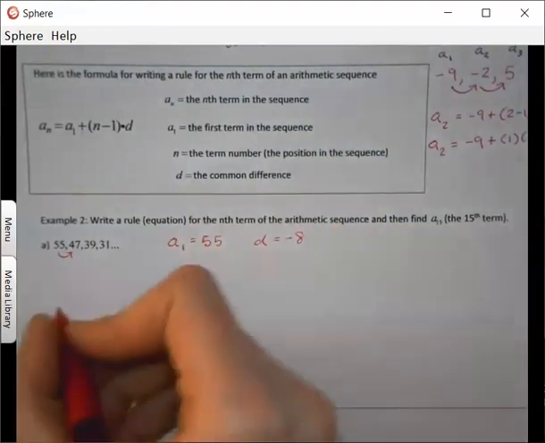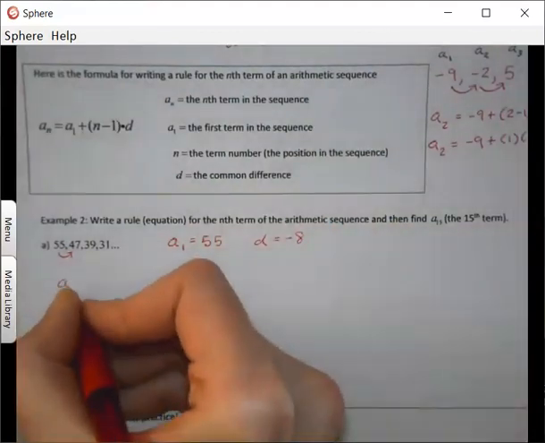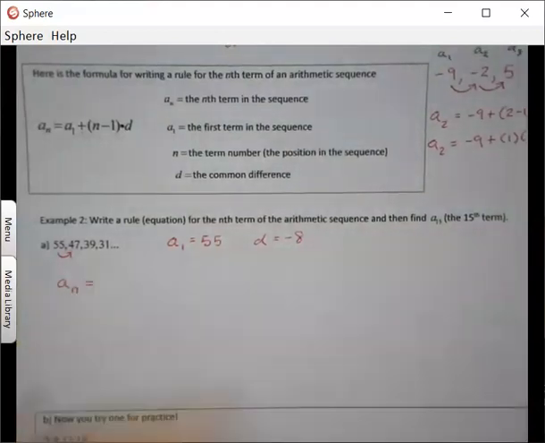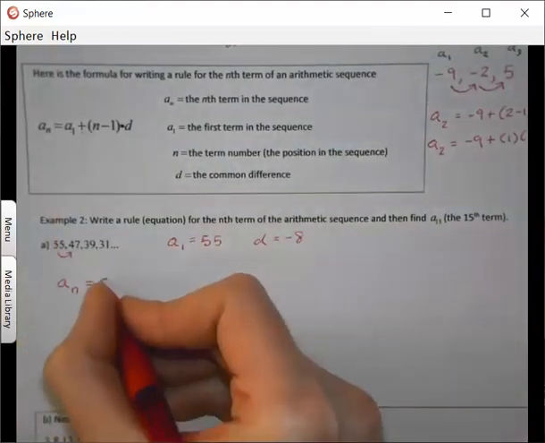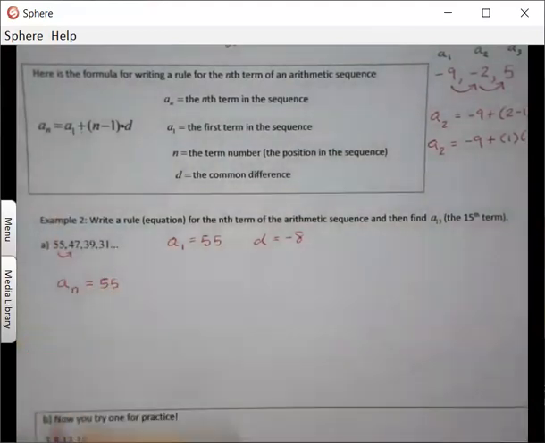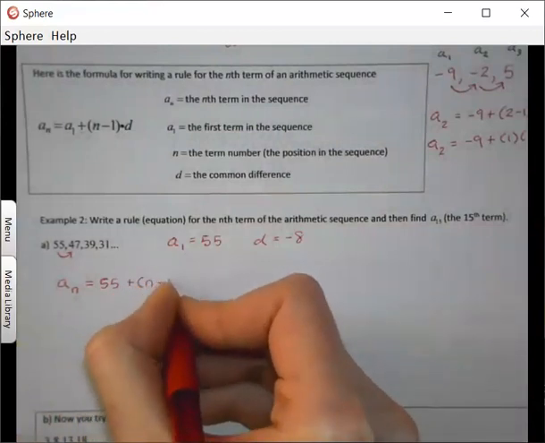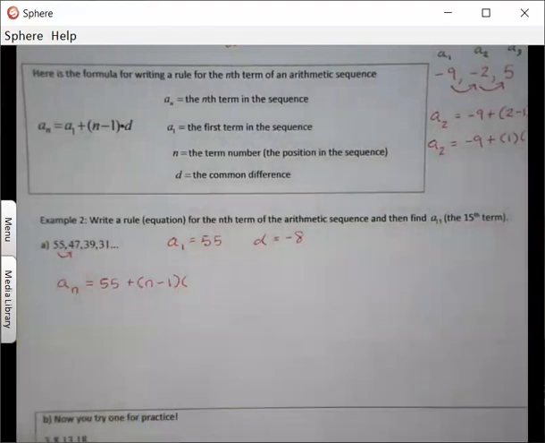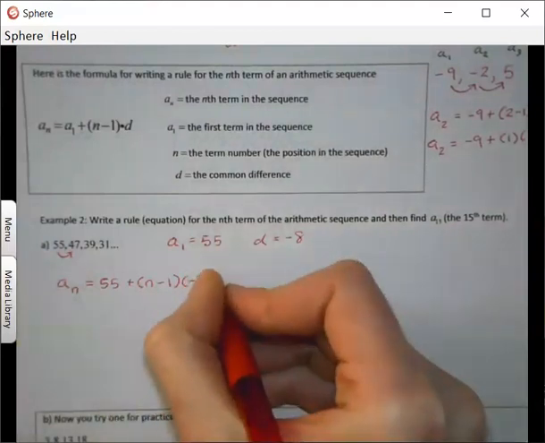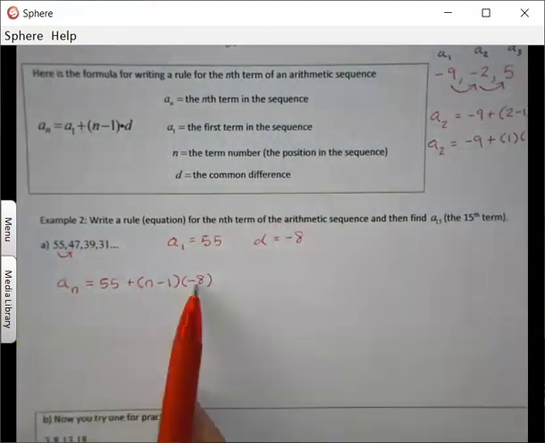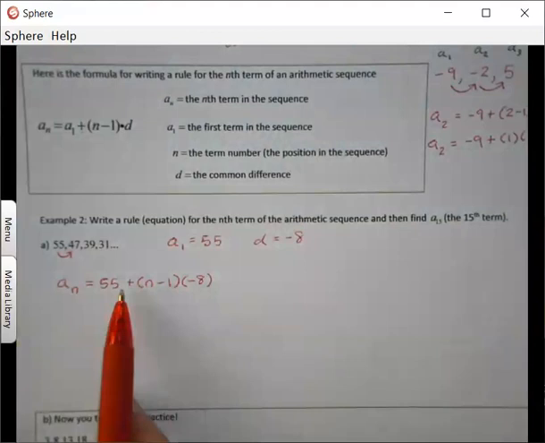So in general, we can say a sub n, any term, is going to be equal to our first term, which is 55, plus the number of terms minus 1 times our common difference, minus 8. As usual, we want to simplify as much as possible.